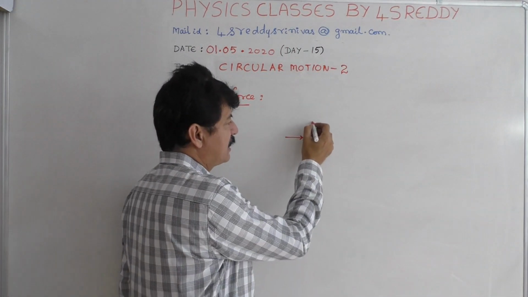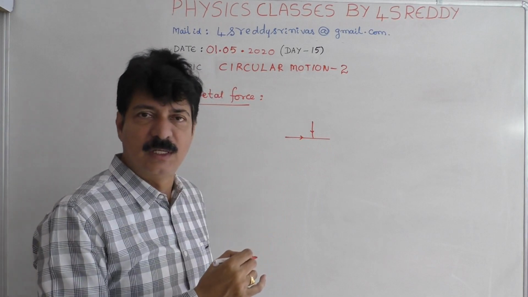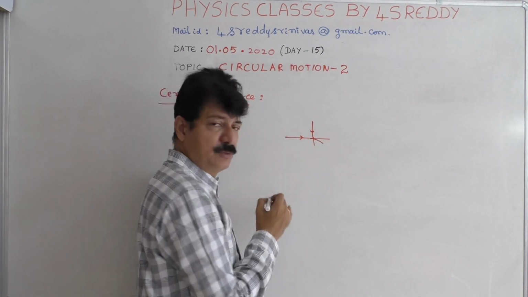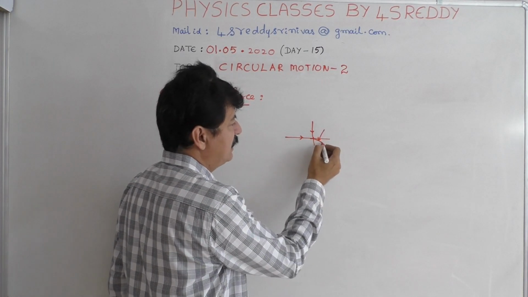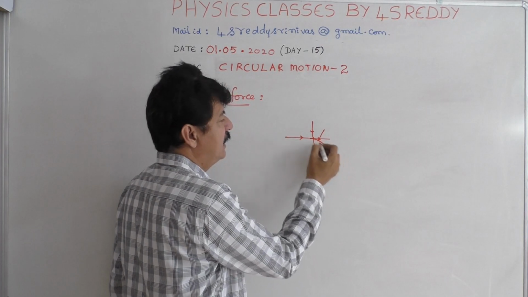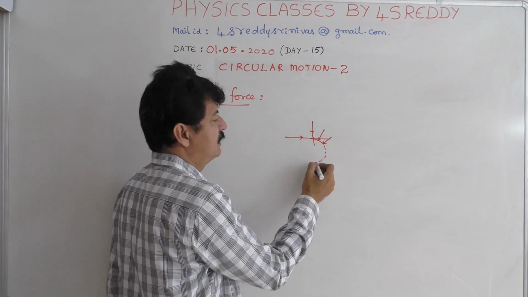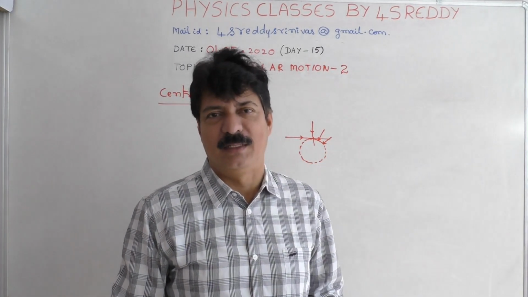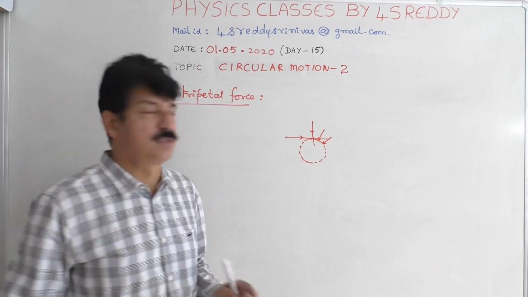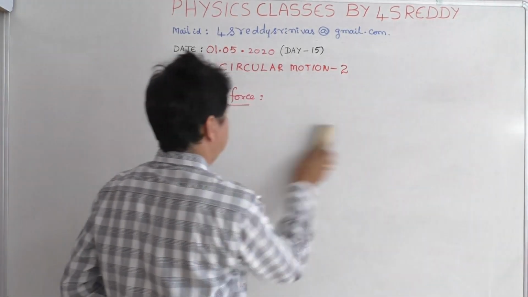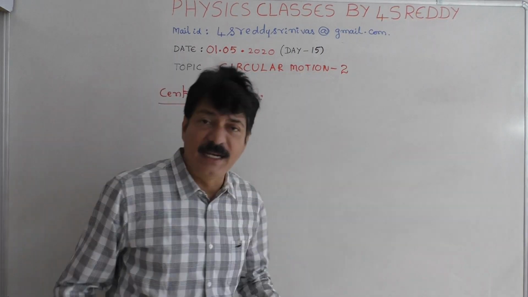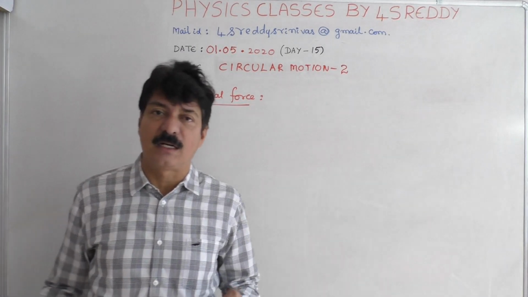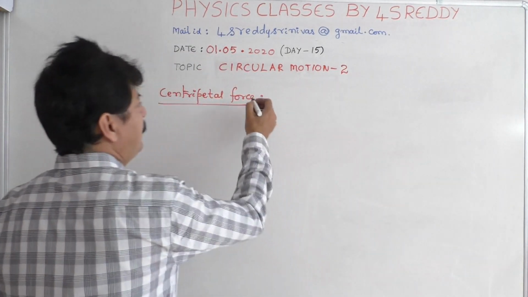If you apply a force at right angles to the direction of motion, it always deflects in the direction of the resultant of these two. If this force acts continuously at right angles to the direction of motion, it always assumes a circular path. So, a constant force which always acts at right angles to the direction of the motion of the body, causing it to move in a circular path, is called centripetal force.